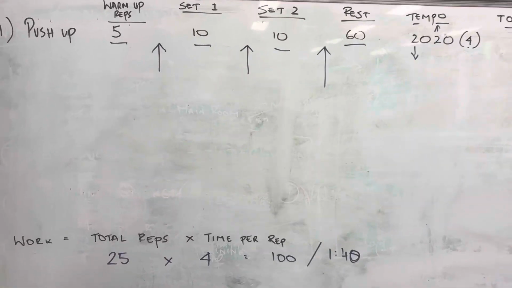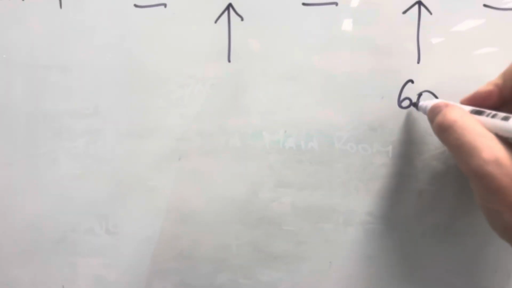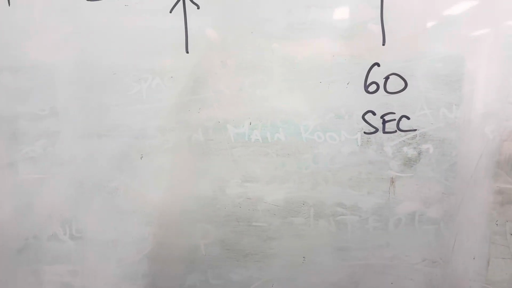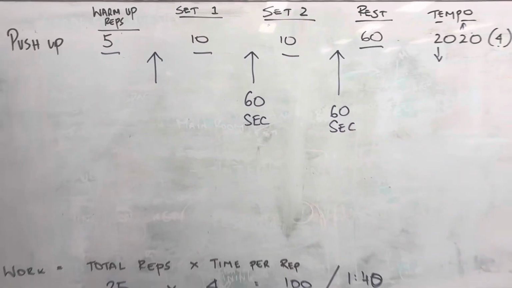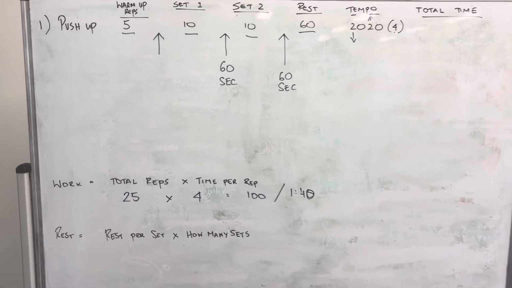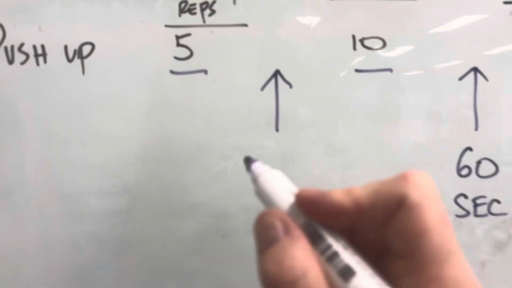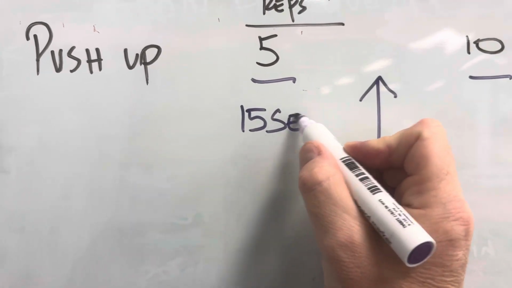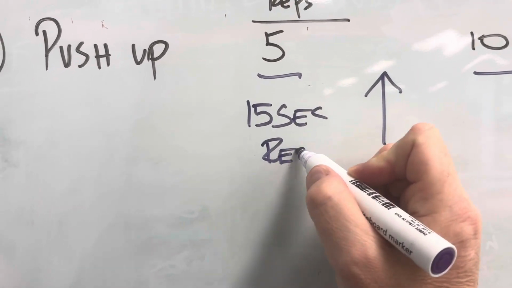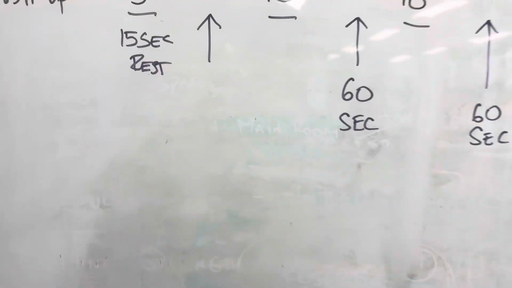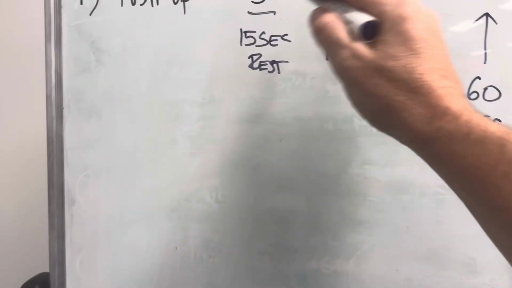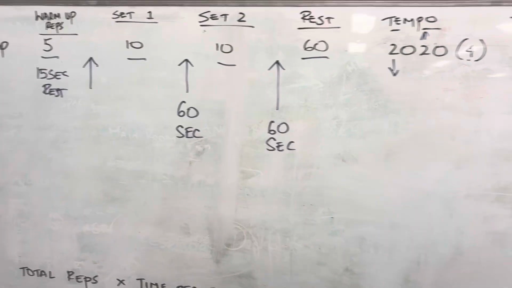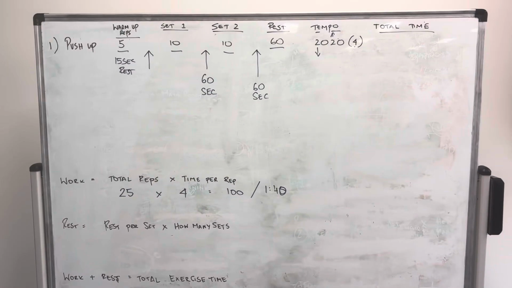So we have 60 seconds after set 1, 60 seconds after set 2. But unless specified differently, i.e. we actually write 15 seconds rest or transition, we can only assume that the rest after the warm-up, if it is not written otherwise, is the same as the normal rest.